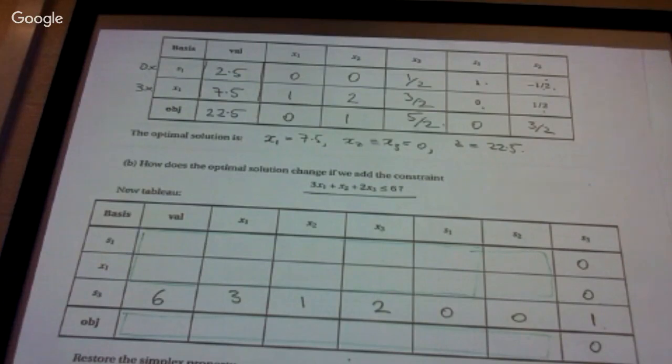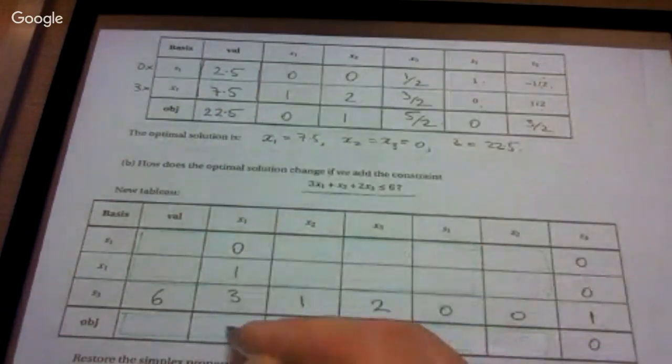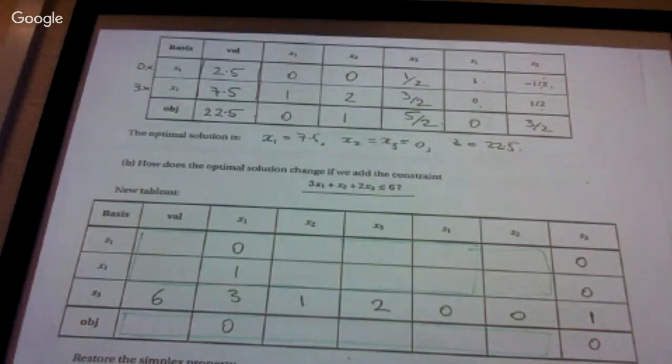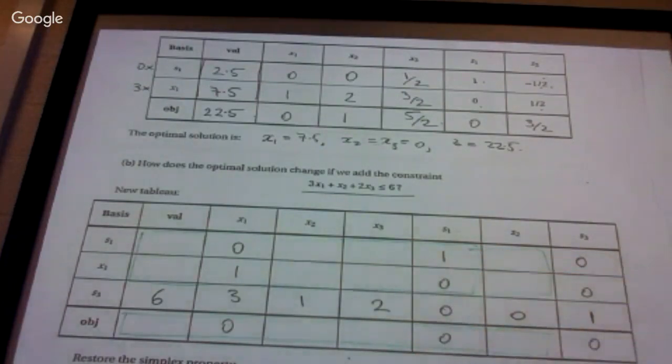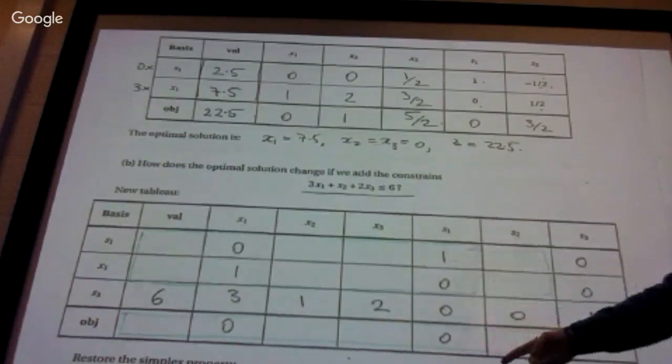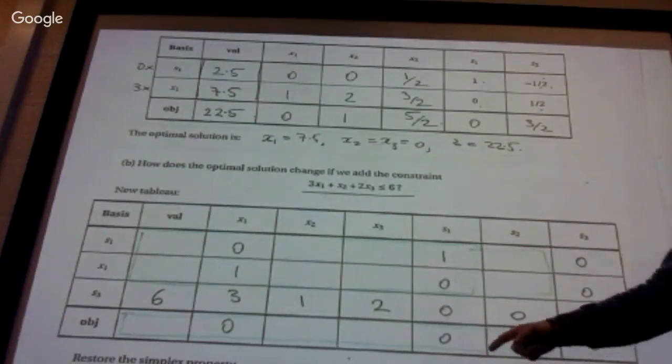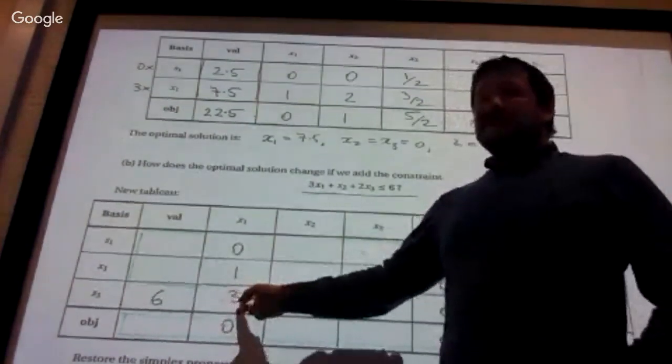Now there is a problem, as we said last week. S1 was 1, 0, 0, and that one is not a problem. For the basic variables, S1 is okay, S3 is okay, but for x1, we want a 0 there.